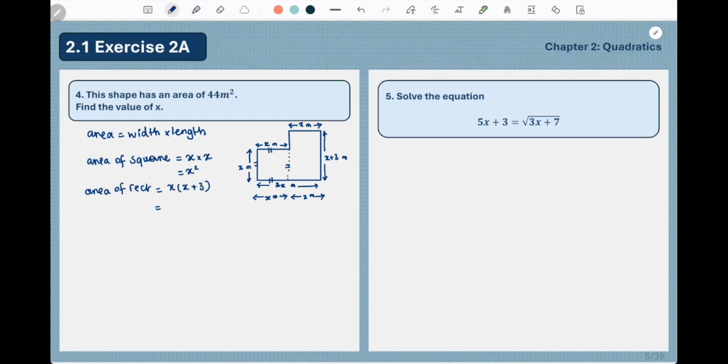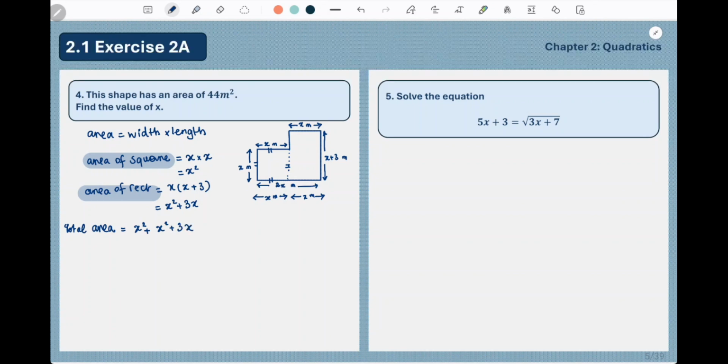Okay, let's expand this one. x squared plus 3x. What about the area of the whole shape, okay? So this is the area of the square, and this is the area of the rectangle. So the total area, let's call it that, is going to be the area of the square, x squared, plus the area of the rectangle, which is x squared plus 3x, right?